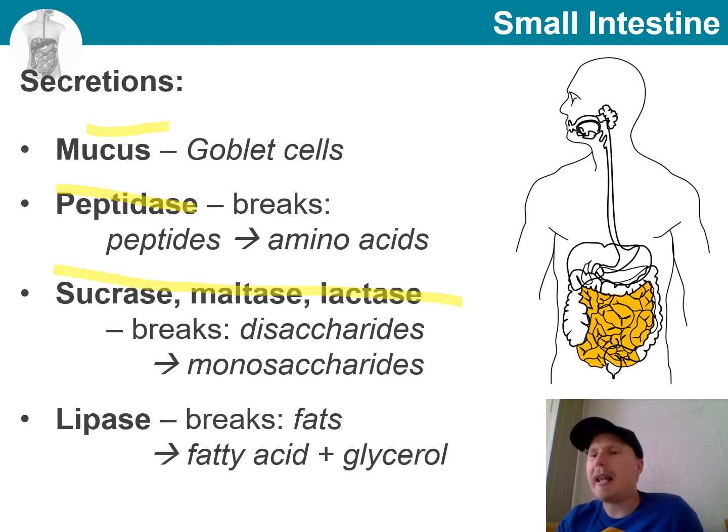Sucrase, maltase, and lactase in turn break down more complex disaccharides into simpler monosaccharides. And then we have lipase, which breaks down, as the name suggests, fats. And fats are broken into fatty acids and glycerols. And then there are many hormones, which I will leave you to study independently.